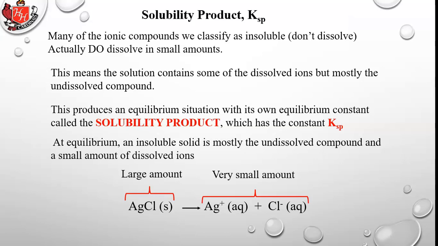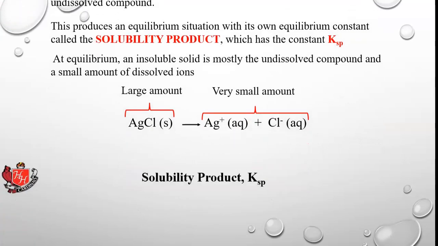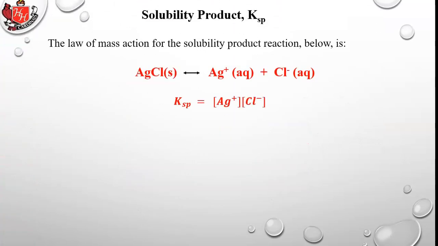So at equilibrium, an insoluble solid is mostly undissolved compound and a very, very small amount of dissolved ions. So a very small amount will dissolve into a silver cation and a chloride anion.